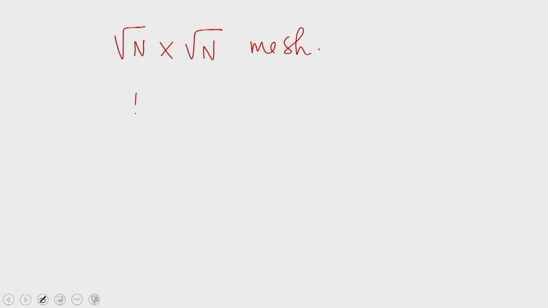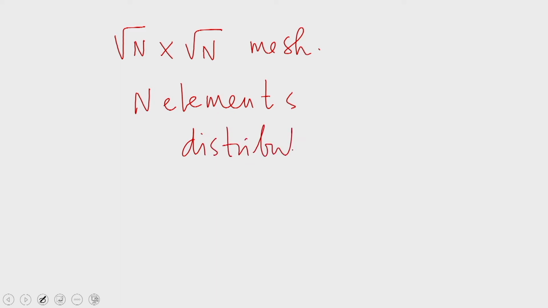We have n elements distributed one per processor. We want a snake-like sorting.